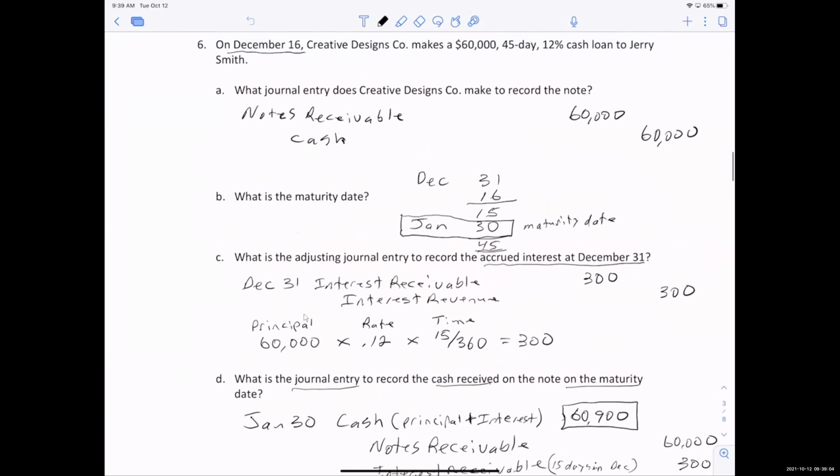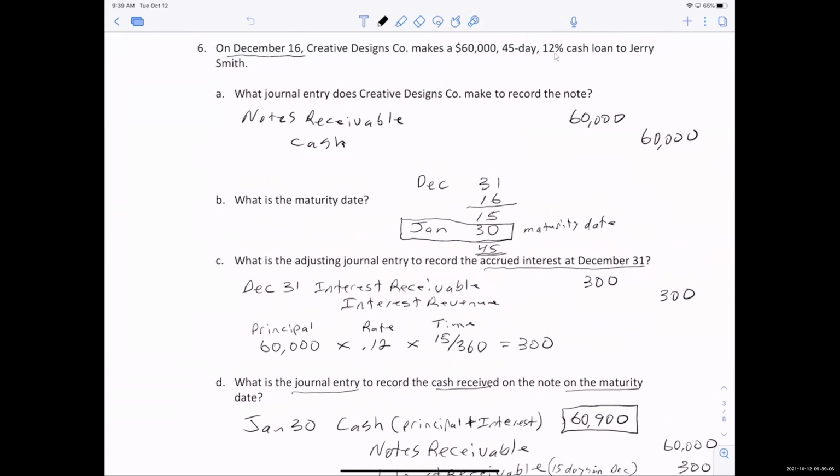And remember in the problem, it said the note is a 12% note. Well, that's the annual rate. Now, for calculations, I like to convert that percent into a decimal. And the way you do that is just move that decimal to the left 2 places. So this 12% becomes 0.12.